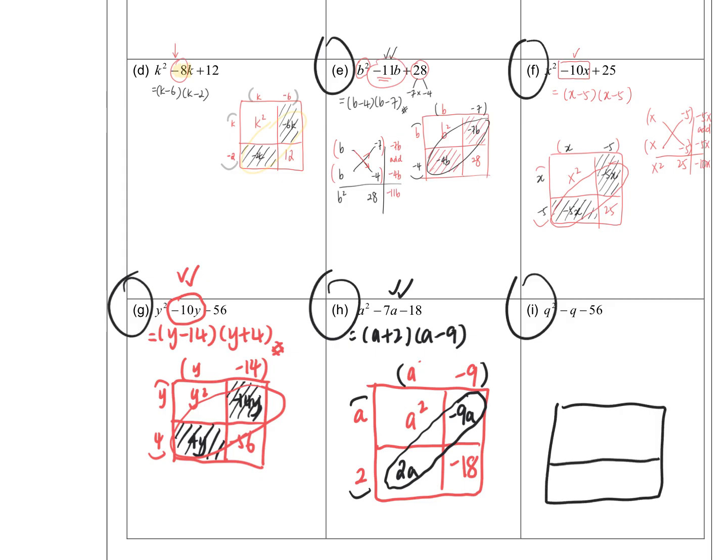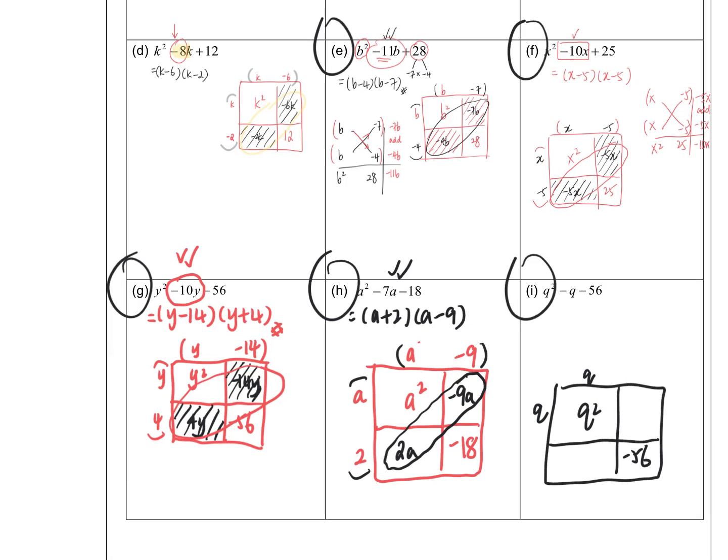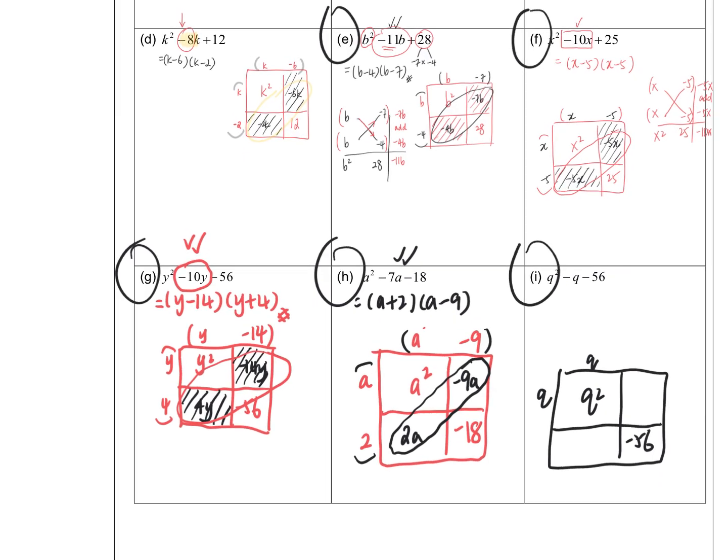Last one. Which are the factors of minus 56 that will give me minus q? What are the two numbers that multiply to get 56? 8 and what? So which one must be negative, which one must be positive?